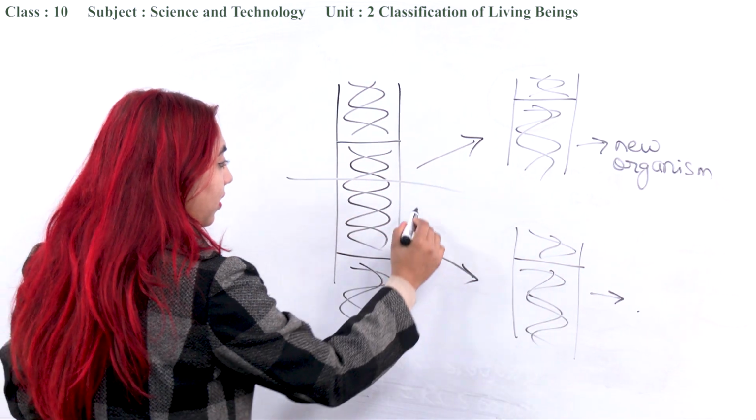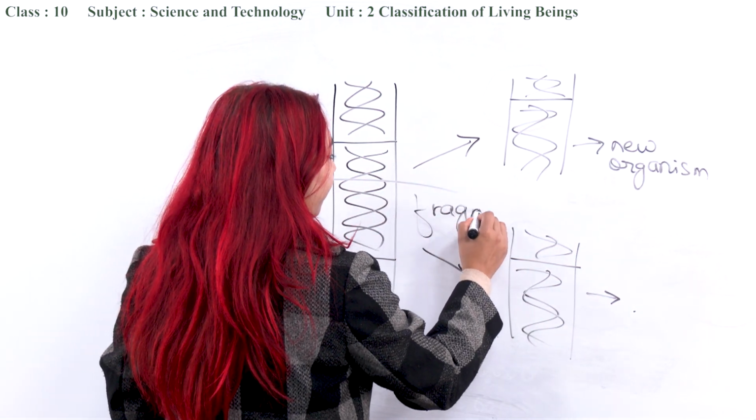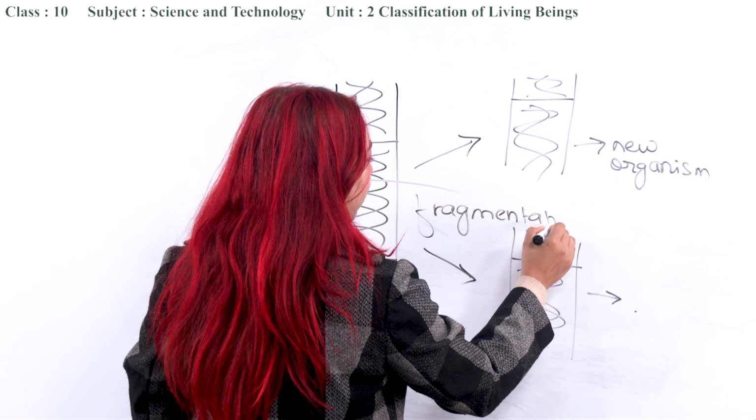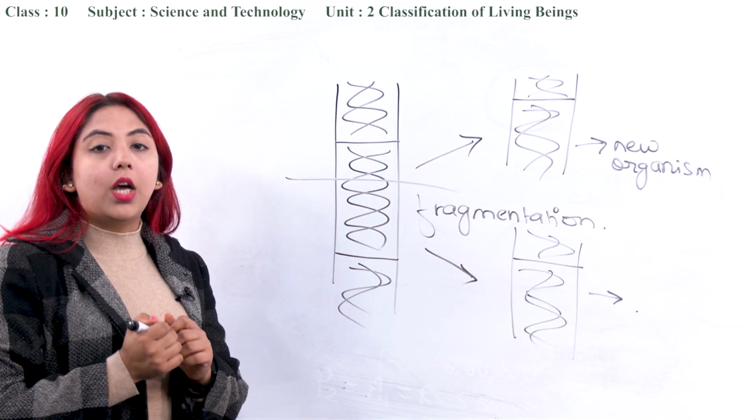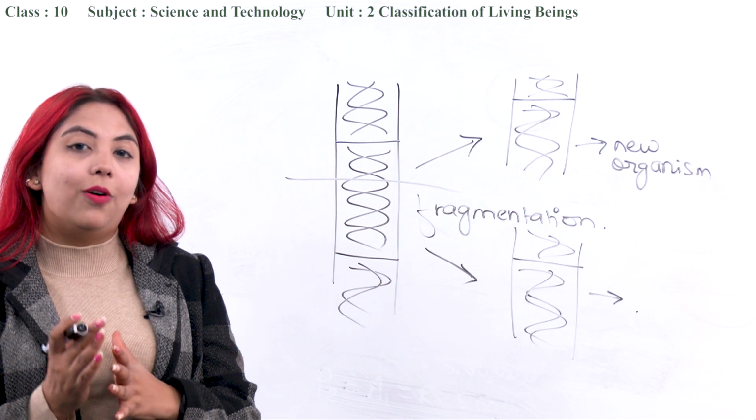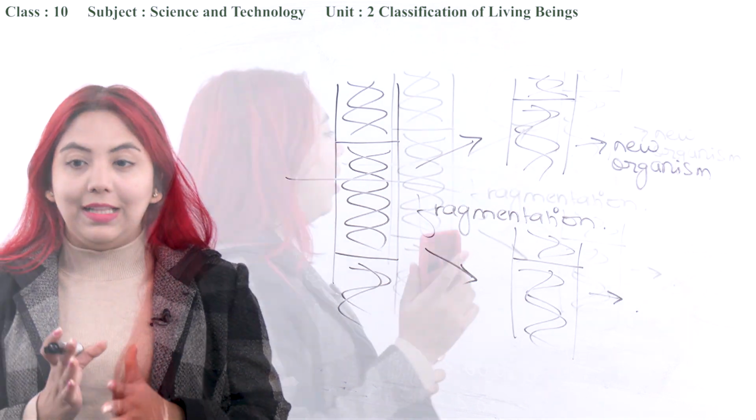So fragmentation is also another mode of asexual reproduction in the organisms that belong to the division algae.